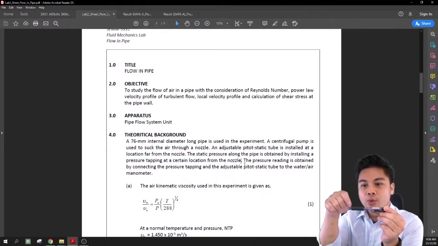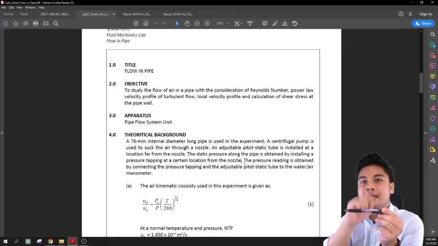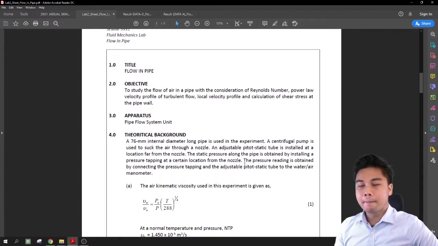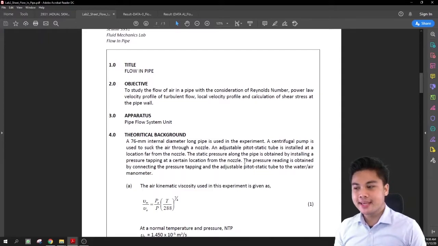Later on, we will specify the distance from the nozzle. The pressure reading is obtained by connecting the pressure tapping and the adjustable pitot static tube to the water or air manometer. We combine both air and water manometer to ease the theoretical calculations.